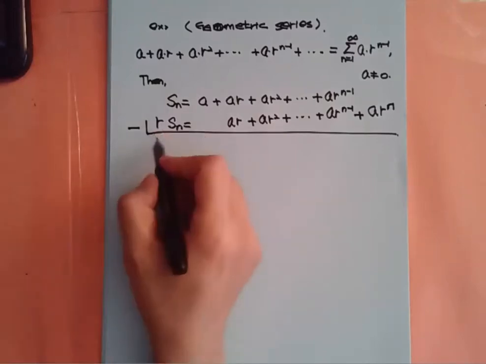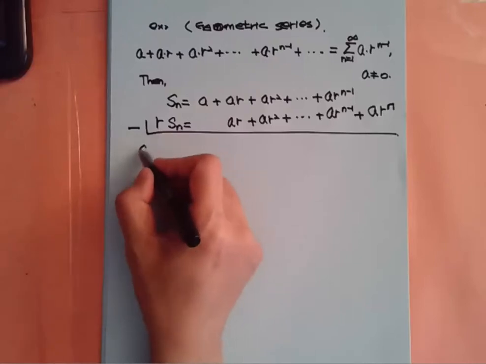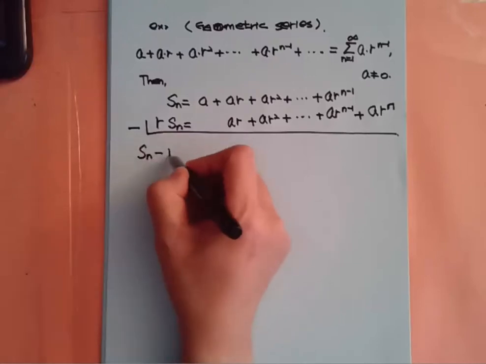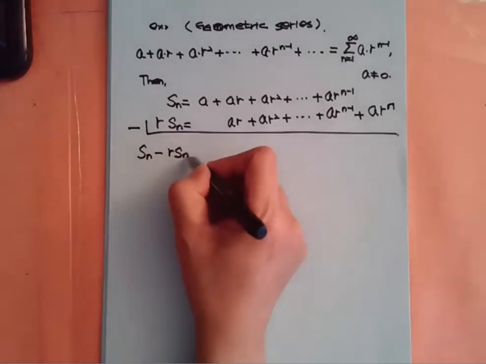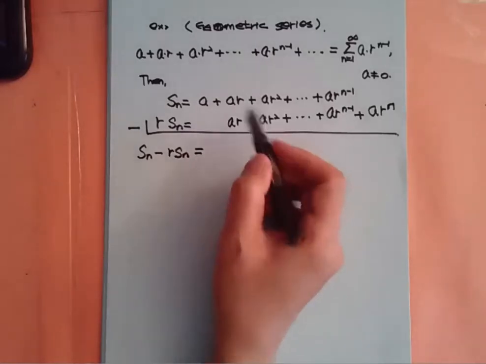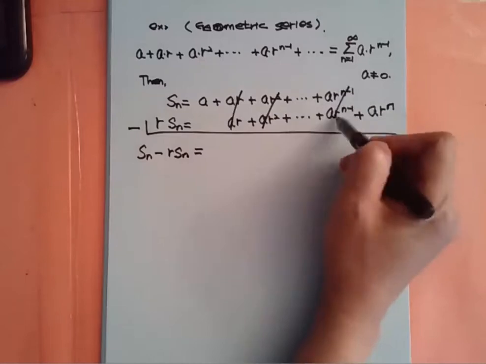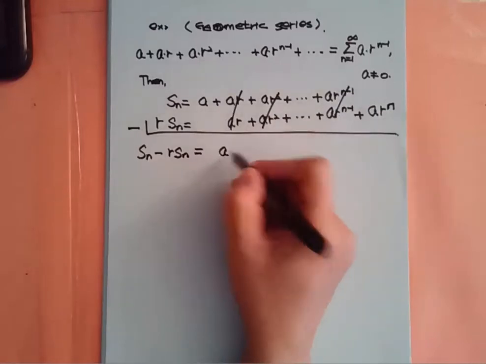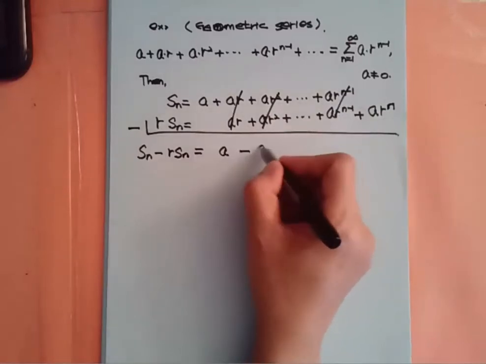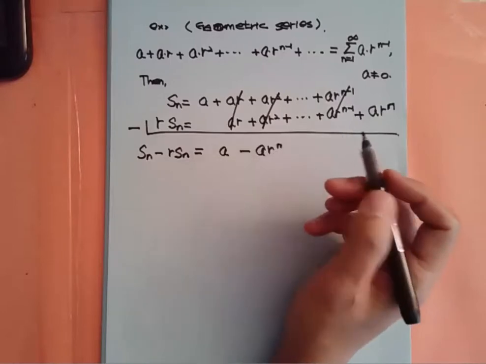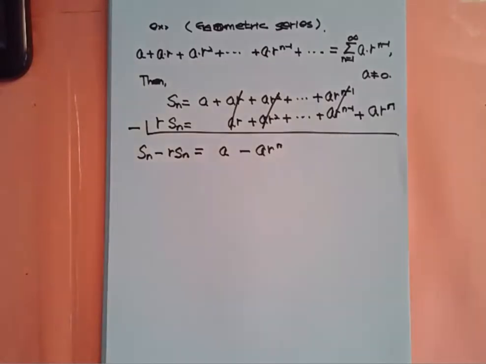Then that becomes Sn minus r times Sn, and all the middle part will go away. And we have a minus a times r to the n power.